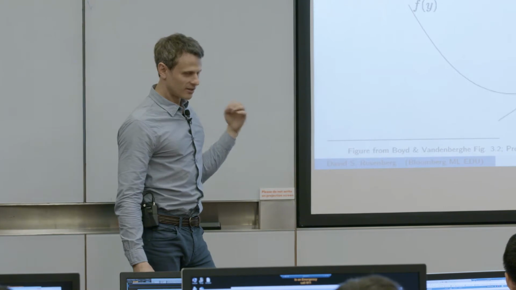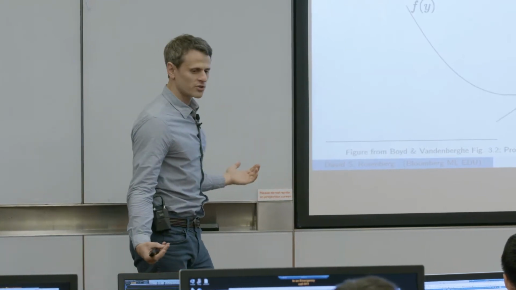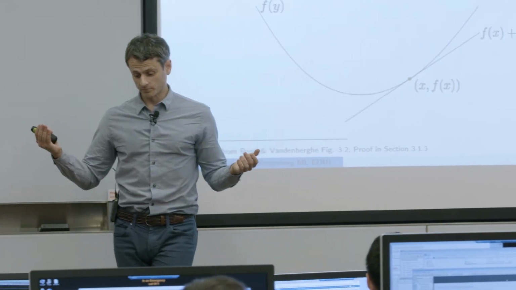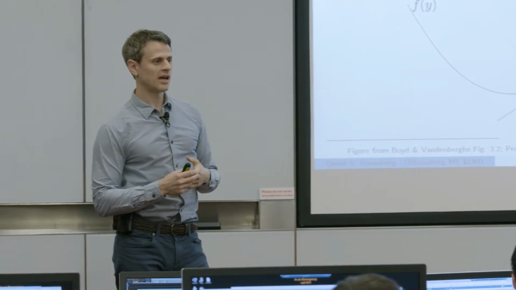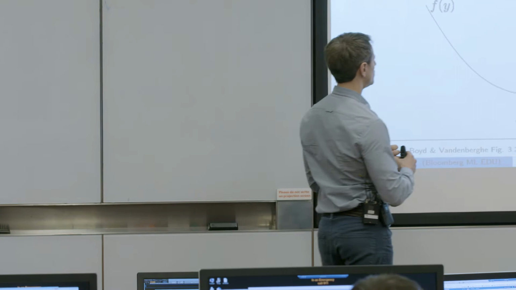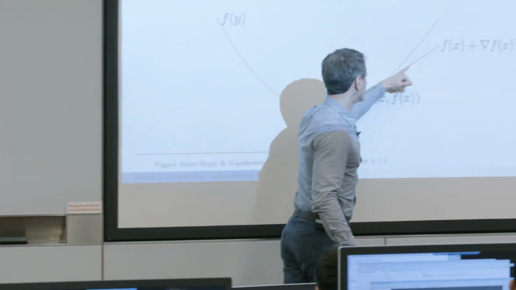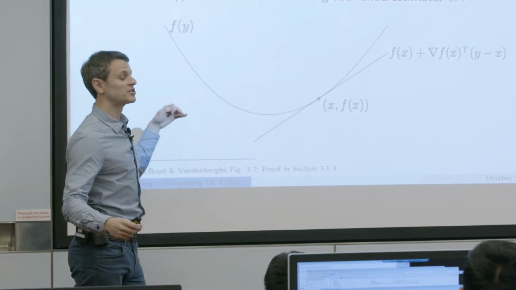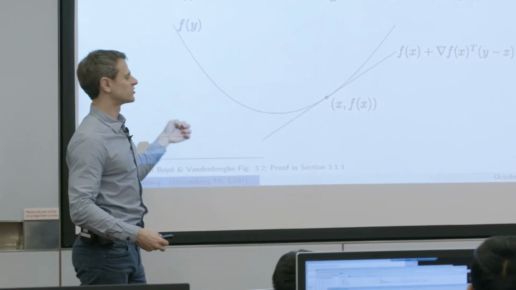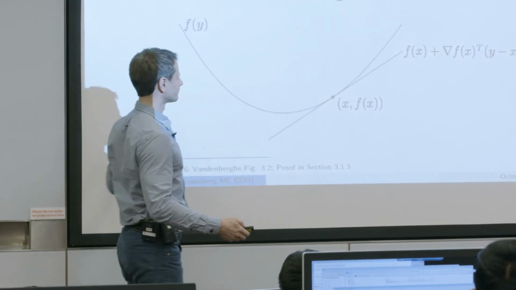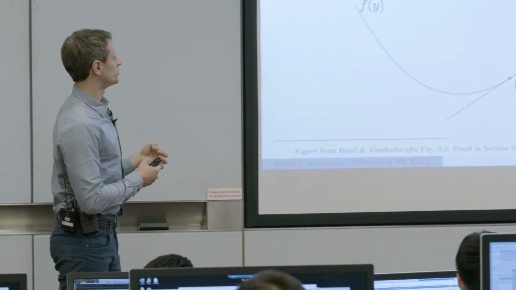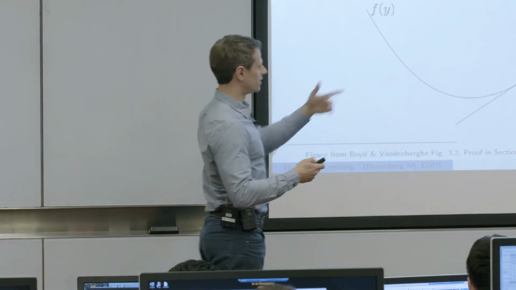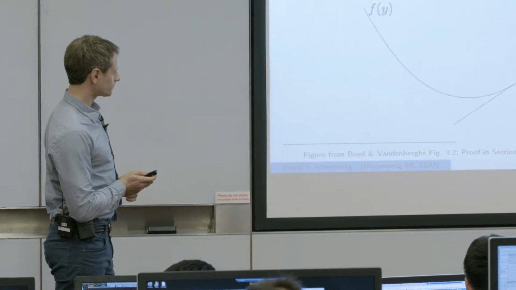So that, of course, all derives from the fact that f is convex. So it turns out, although I don't state it in these slides, that for differentiable f, having such a global underestimator is necessary and sufficient for convexity. So that's a way to demonstrate you have convexity, interestingly. But here we're just using it as a consequence. If it's convex, we will have at any point a global underestimator made in this way.